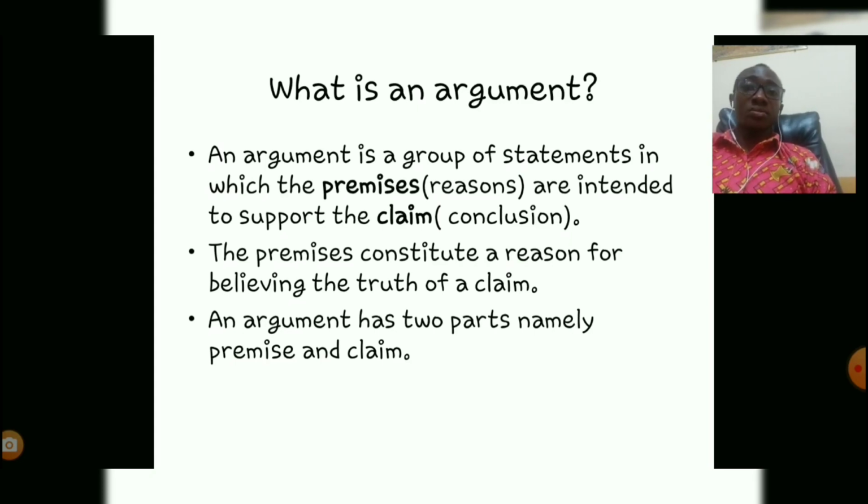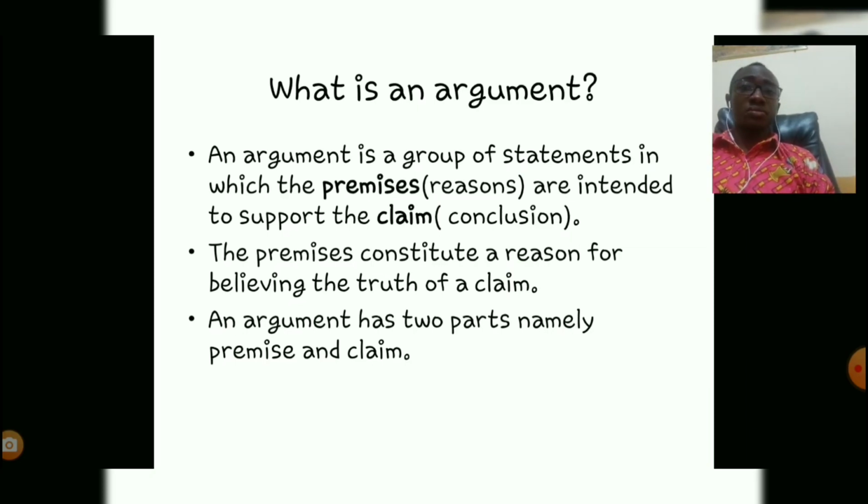That's an argument. So you would realize that even before taking this course, back in senior high school, we were all involved one way or the other in some arguments. Trying to say something or trying to let someone understand or accept something and giving reasons to support that thing is an argument.